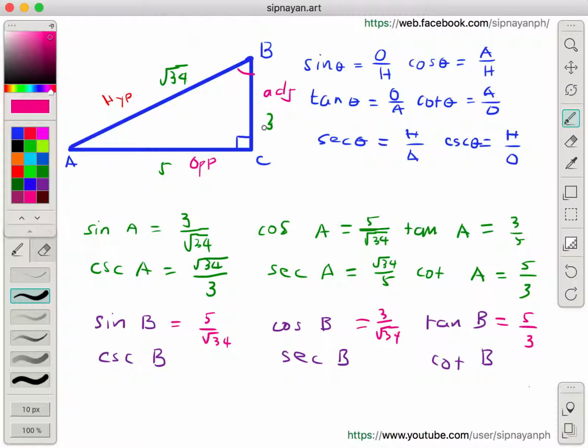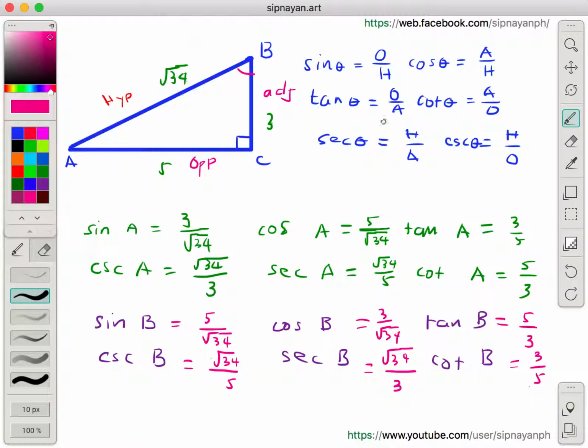Since alam na natin na reciprocal, we can just reverse the order, o we can just exchange the numerator and the denominator. So, cosecant B is square root of 34 over 5. We don't need the formula, kasi sabi mo inverse, balik lang natin yung numerator at denominator. Secant B is square root of 34 over 3, and cotangent B is 3 over 5. Okay, so yan lang.